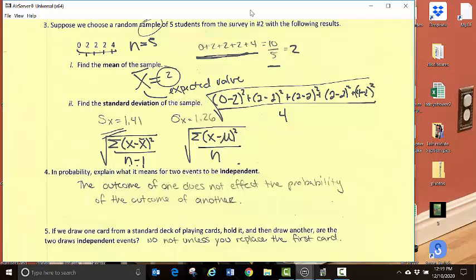It's with replacement or without replacement. The chance of me getting a heart out of a deck of cards is 1 out of 4. The chance of me getting a heart again is 1 out of 4 if I put my first heart back. But if I don't put my first heart back, then it's slightly less chance the next time. So that second one was dependent on what I got the first time. Okay.